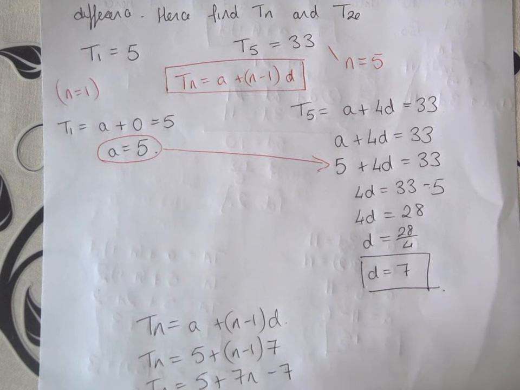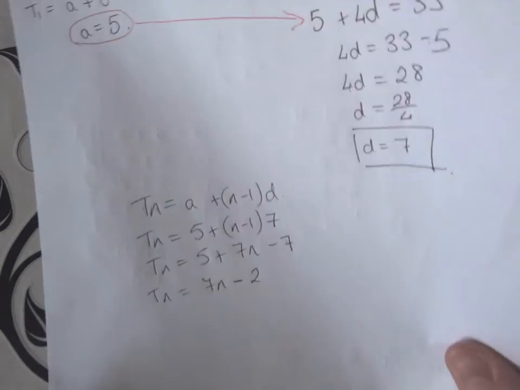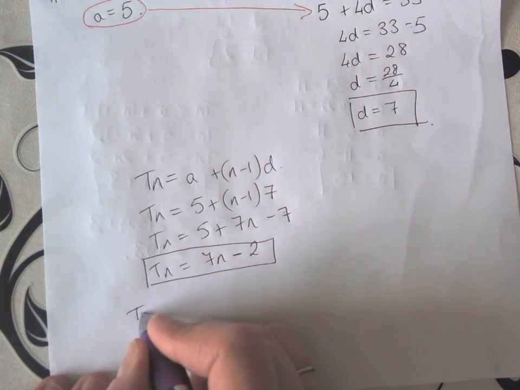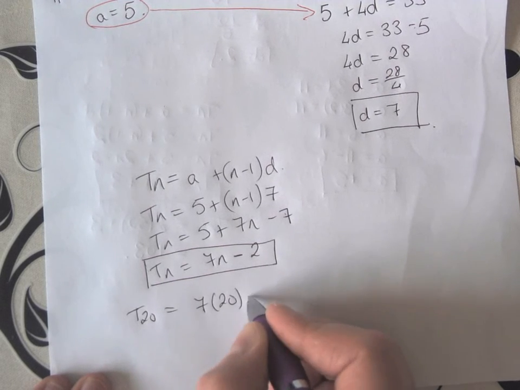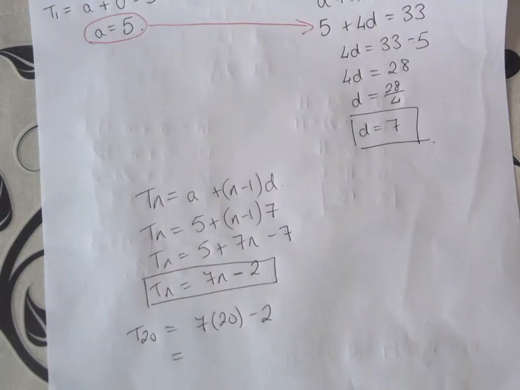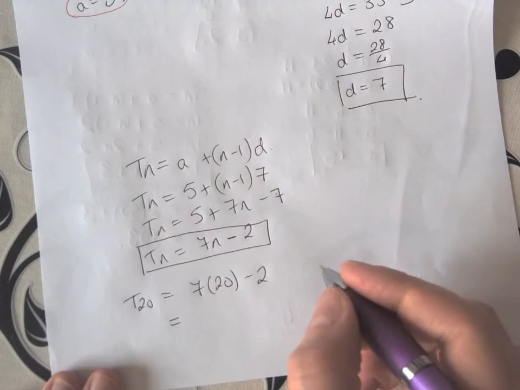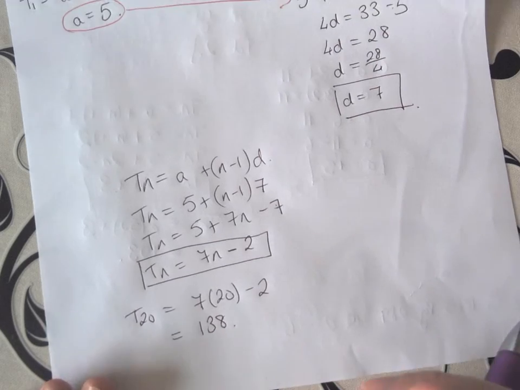So 7n minus 2. 5 take 7 is minus 2. Alright, so there's my Tn. And then I want to find T20. So instead of n, I'm putting in 20. Into your calculator, 7 by 20 is 140. So minus 2 is 138.